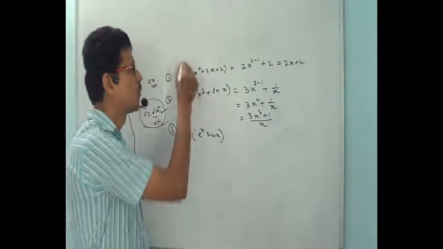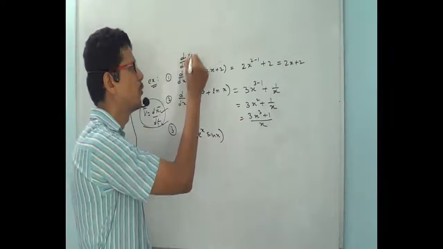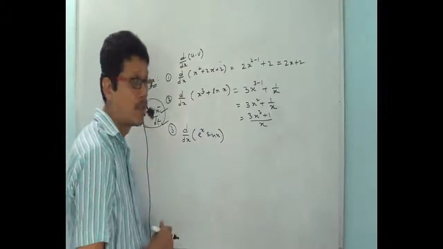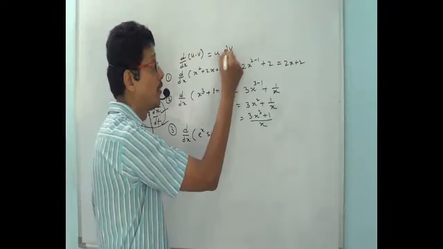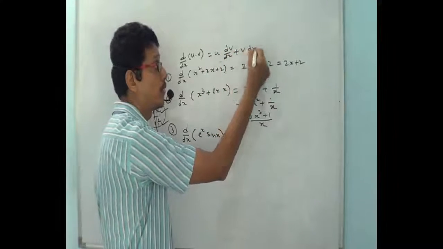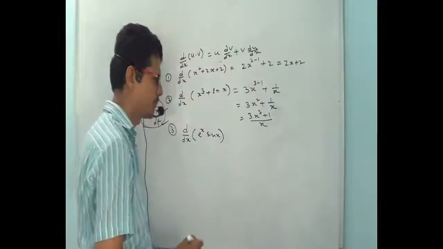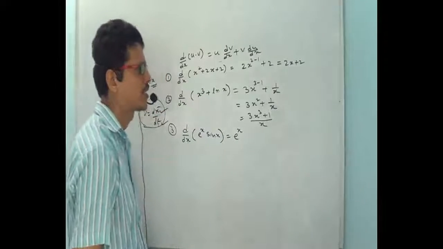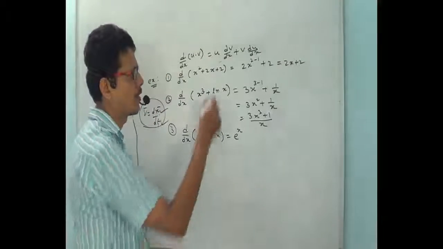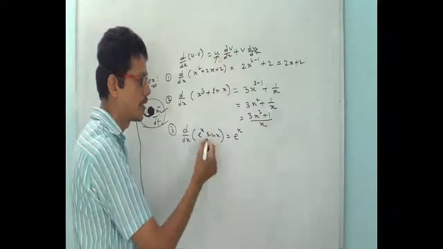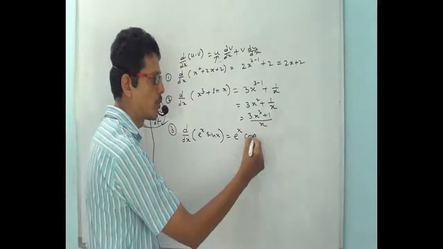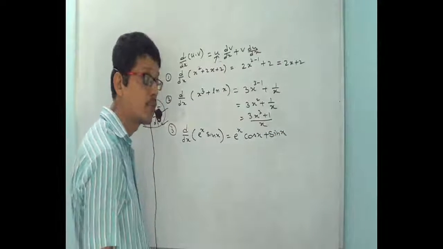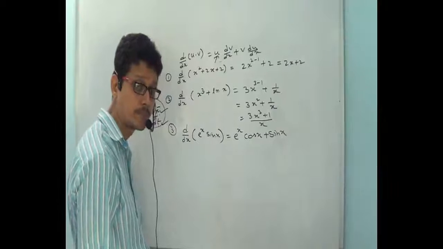What is the derivative d by dx of u into v, if there are two functions? It is u into the derivative of v plus v into the derivative of u. This is the formula. So with e power x, first keep u constant and take the derivative of the second: sin x's derivative is cos x, plus sin x into the derivative of e power x, which is e power x only.